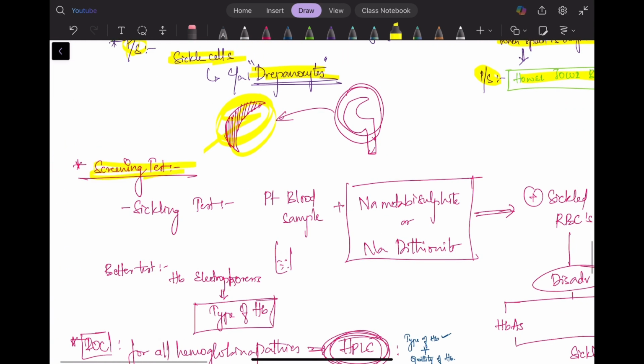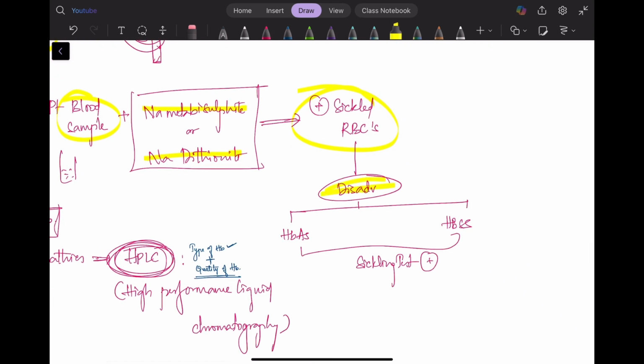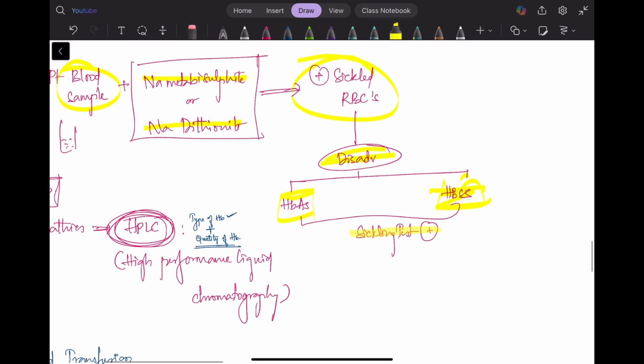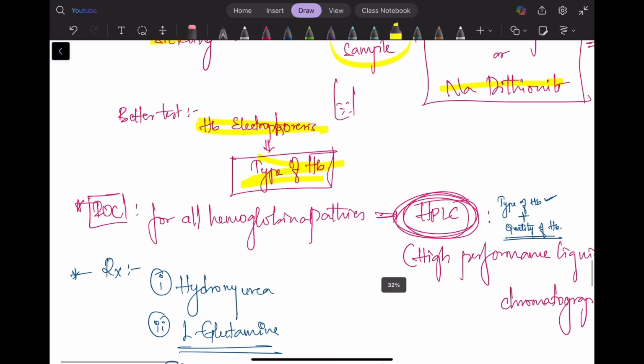Then we have the screening test, the sickling test, with patient's blood, sodium metabisulfite or sodium dithionite, which leads to sickling of RBCs, where the disadvantage of this test is we don't understand whether it is a carrier or diseased. Sickling test positive, so we have a better test called hemoglobin electrophoresis, which tells the types of hemoglobin.